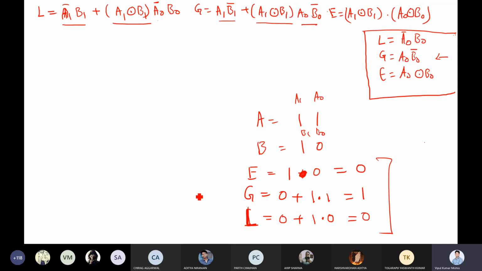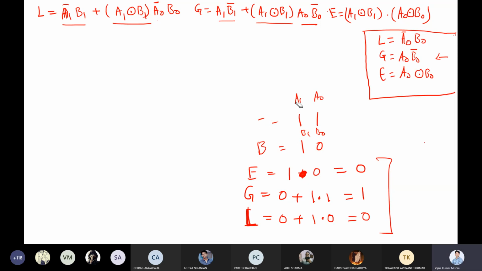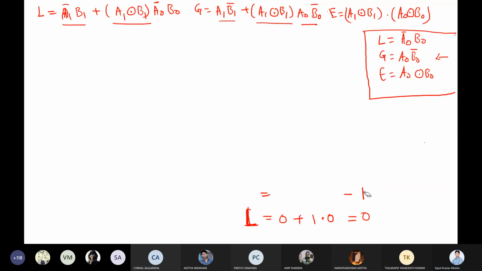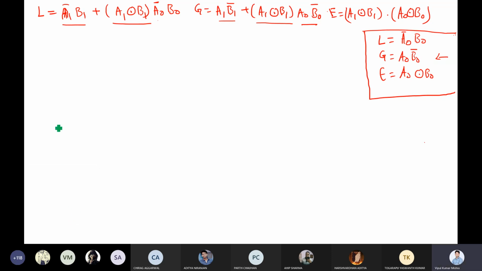Let me erase this example and try for the 4-bit magnitude comparator.